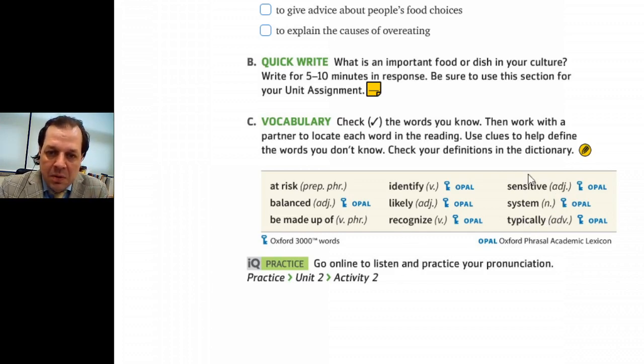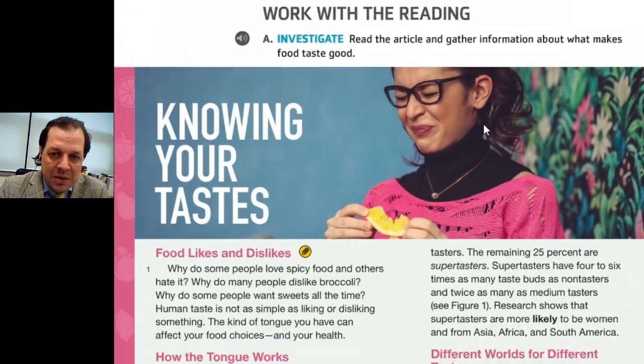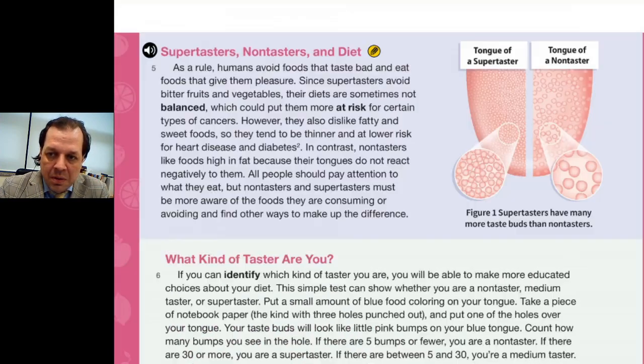Alright, so you can repeat after me and watch that again, or you can work on it by yourself, or listen to your dictionary. Also, there should be a lot of oral dictionaries where you can listen to it on your phone. So I'm not going to play this reading. I'm just going to let you read through it yourself.